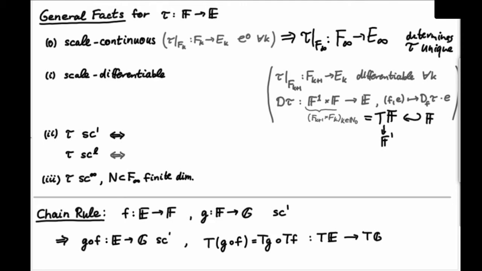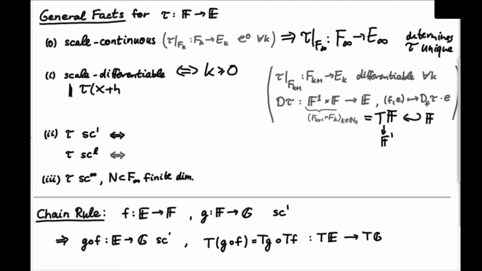In terms of difference quotients, this means that you need to check something goes to 0 for all k, and that is your favorite difference quotient, which I want to do at x.